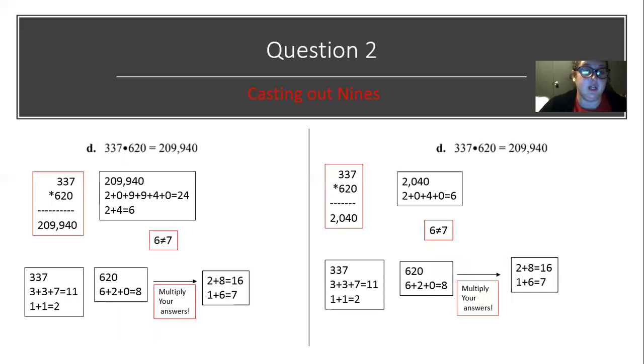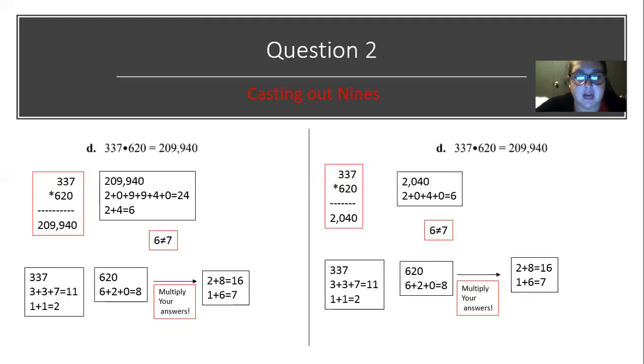All right, and now we're going to do the multiplication aspect of casting out nines. The problem is 337 times 620, which is going to give us 209,940. So we've got 337.